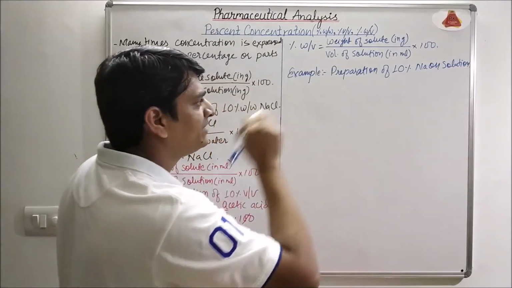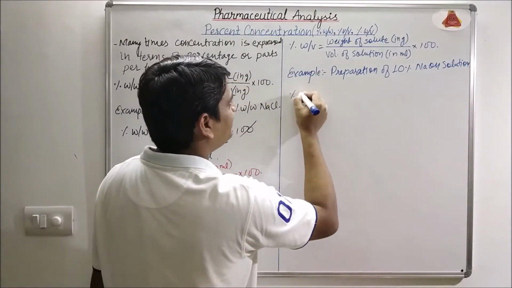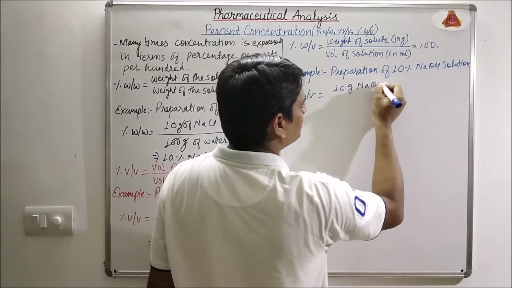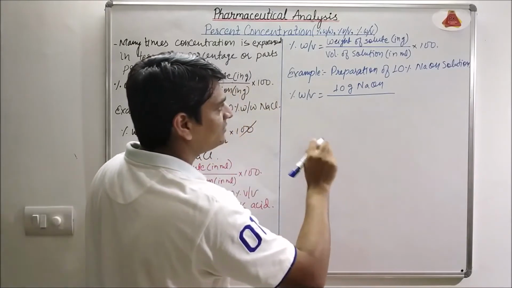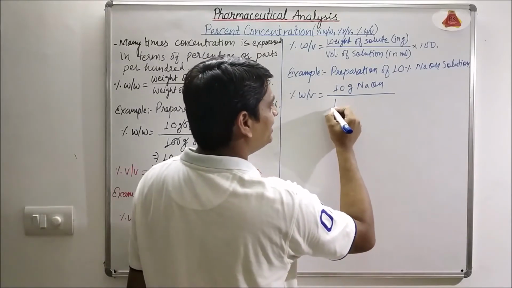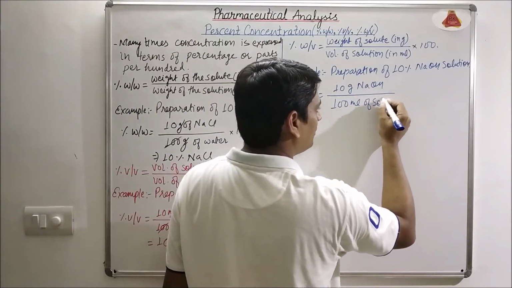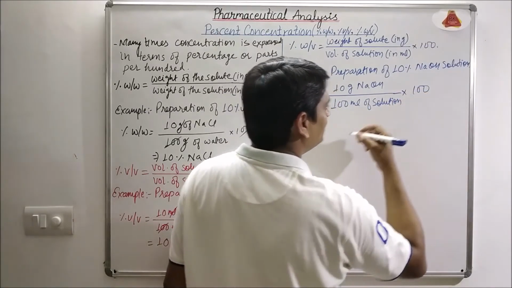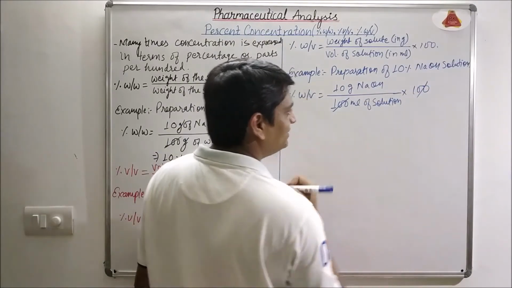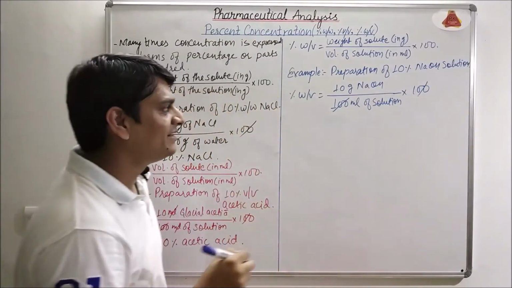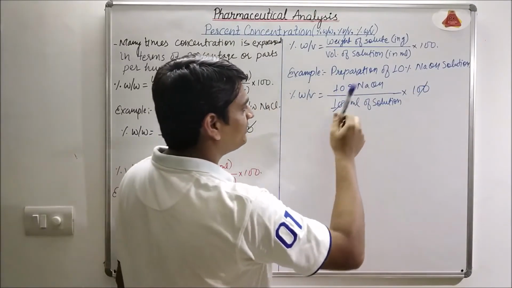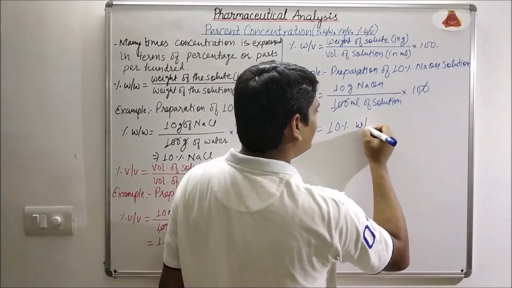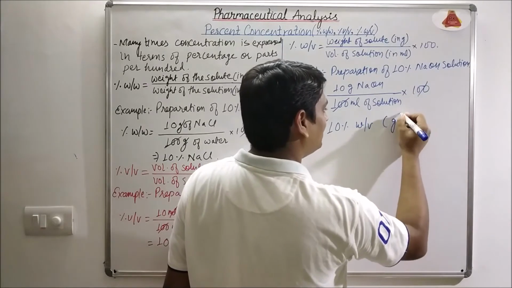For preparation of 10% NaOH solution, first we have to take 10 gram of NaOH and the final volume of the solution will be 100 ml, and it will be multiplied with 100. So this 100 will be cancelled with this one. So ultimately the final concentration for this 10 gram NaOH will be 10% weight by volume, that is in gram per ml.